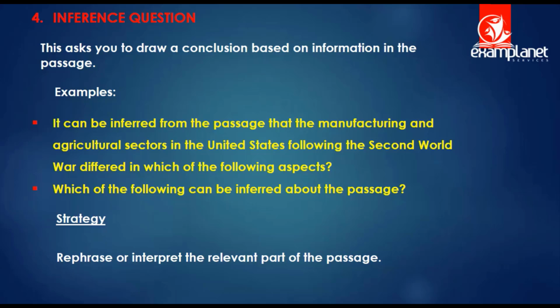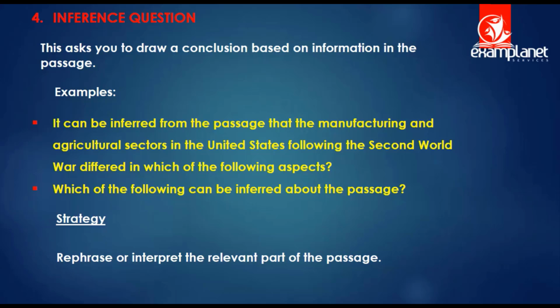You can look at your screen now and see a question like: it can be inferred from the passage that the manufacturing and agricultural sectors in the United States following the Second World War differed in which of the following aspects. Maybe they have not really spelled it out, but if you look at the characteristics discussed for the manufacturing sector, and you also look at what is said of the agricultural sector, you're going to extrapolate what the difference between these two sectors is.